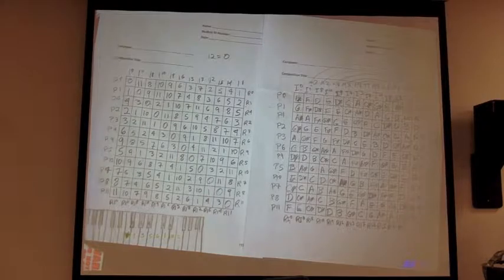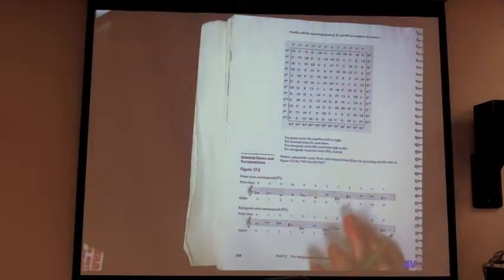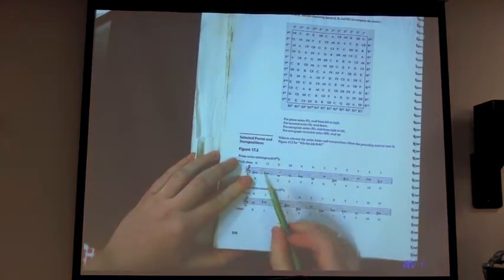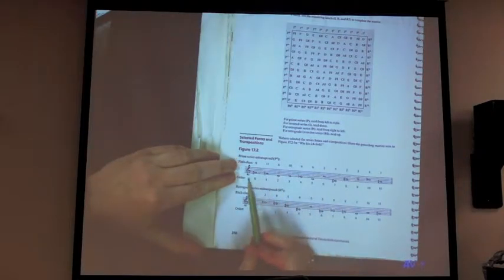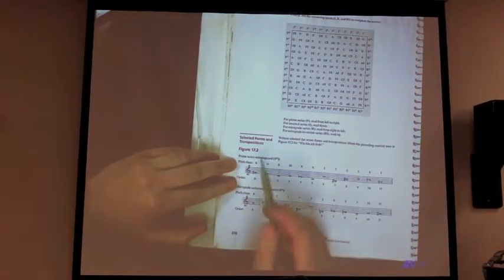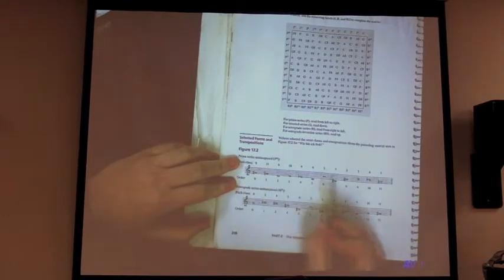And the book does something really awful and confusing, and I'm sorry. So it's important to, if you look back here, they divide it into two different systems, okay? The first system is the actual class of the pitch.